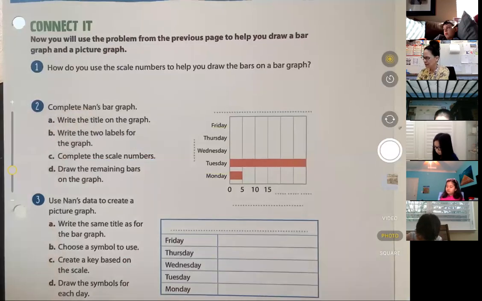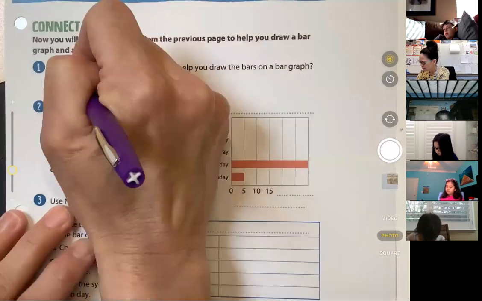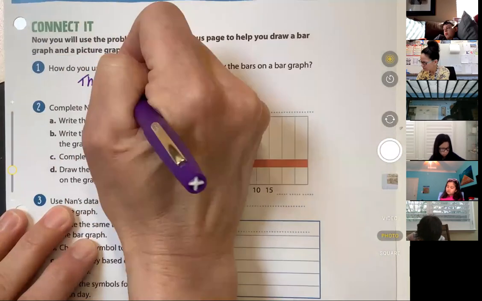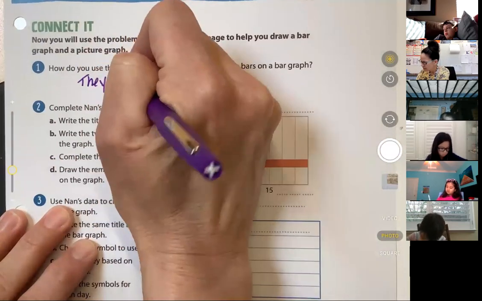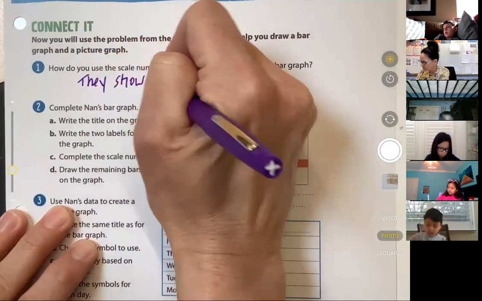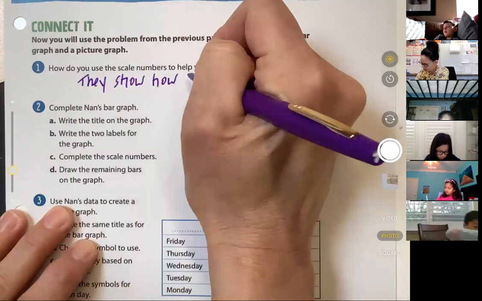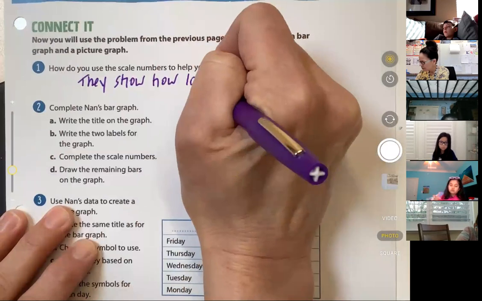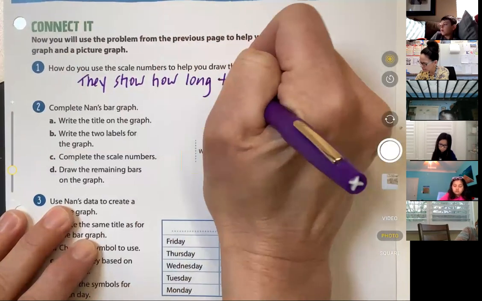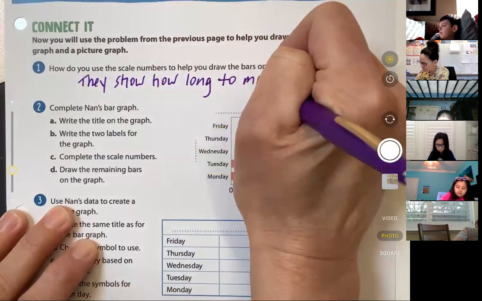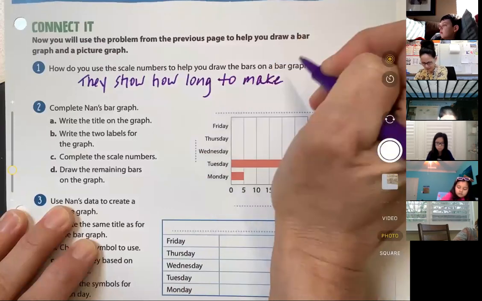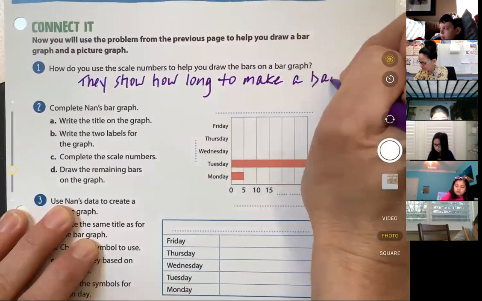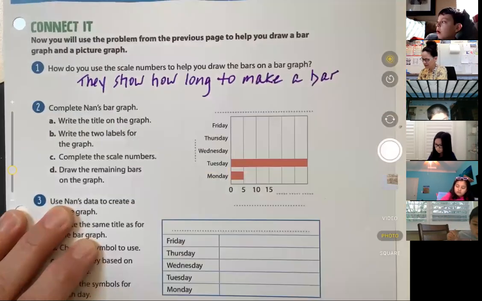So the simple answer here is they show how long to make a bar to show the data.